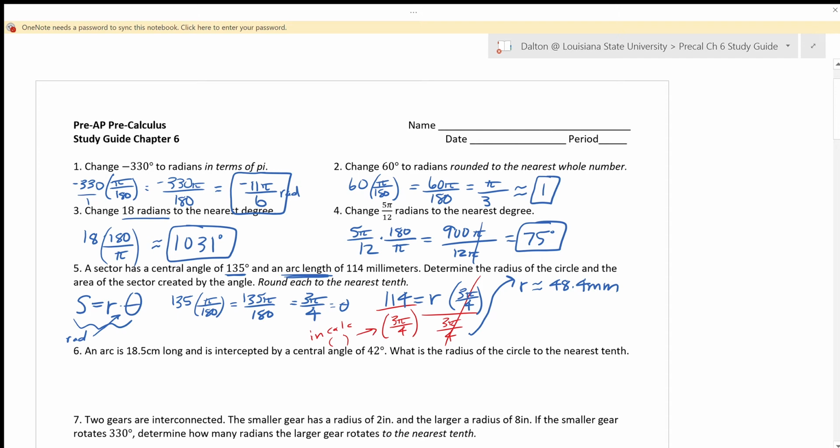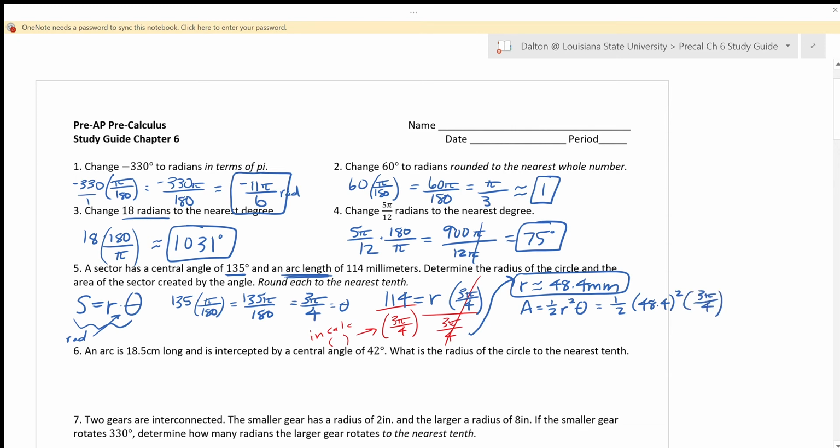Part two says find the area of the sector. That brings us to our second formula. The formula for area is equal to 1/2 r squared theta. We have theta and we have the radius, so we just need to substitute in our information: 1/2 times our radius, 48.4, squared, times 3 pi over 4.